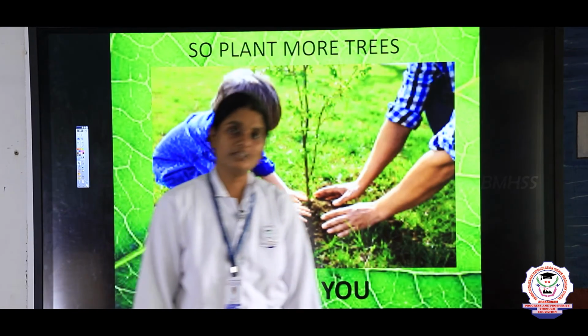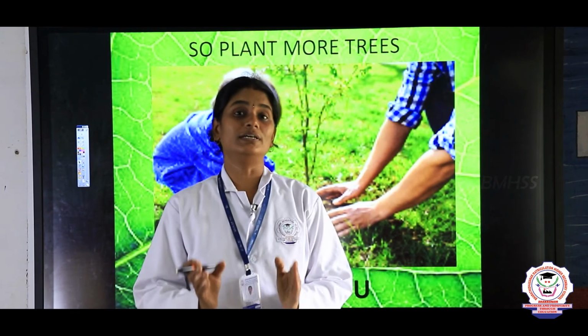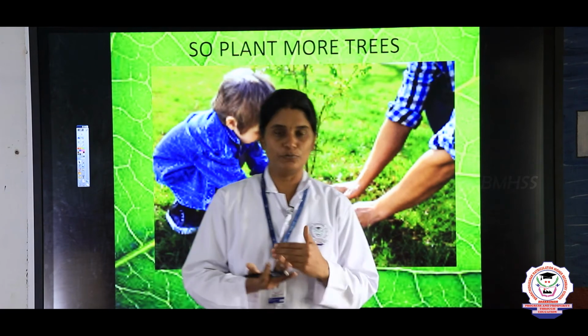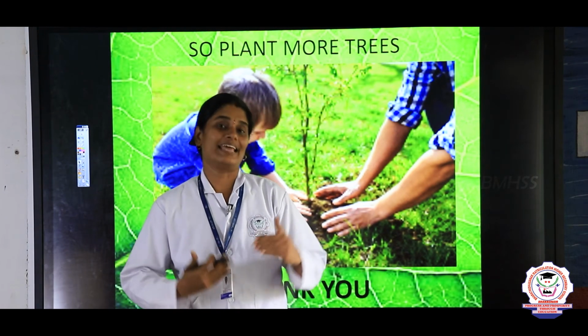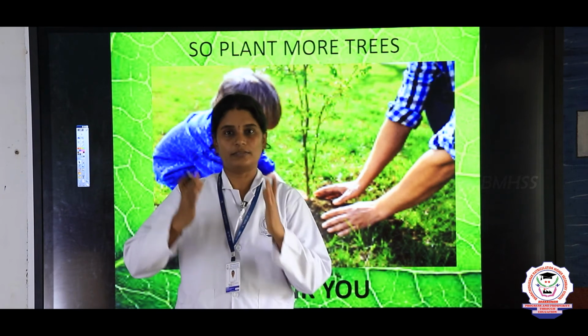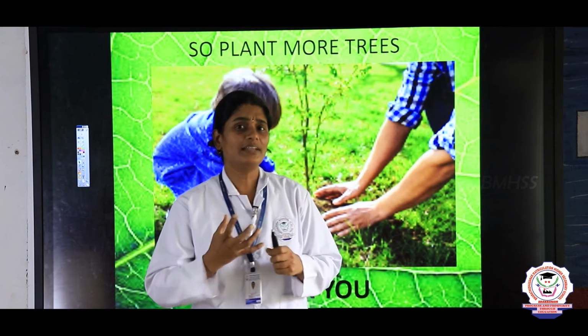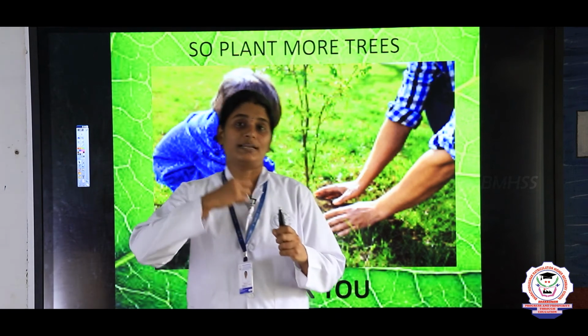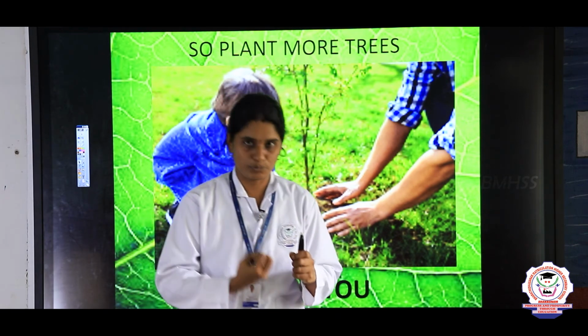Now children, in this session you learned how the leaves prepare the food. With the help of raw materials like sunlight, water and carbon dioxide, they prepare the food. But you should know where the sunlight, water and carbon dioxide are absorbed.